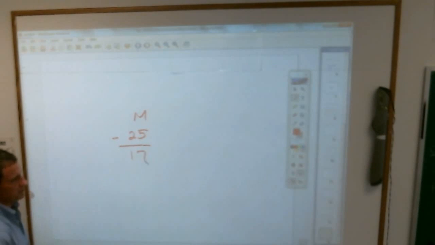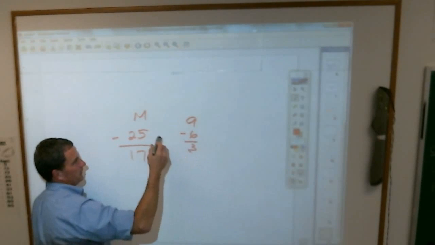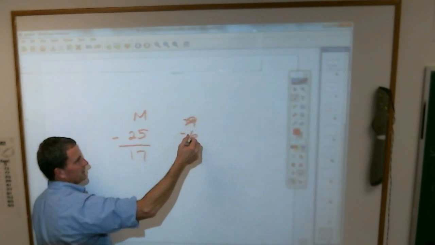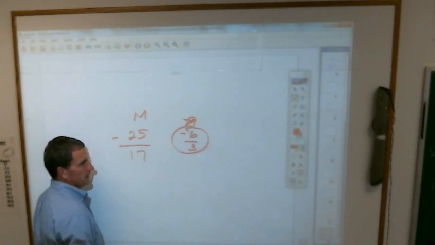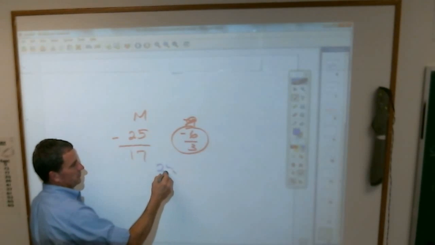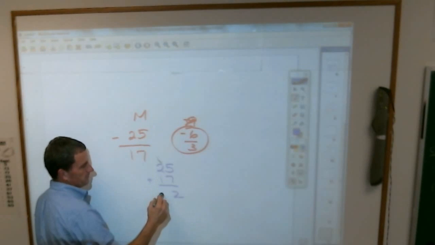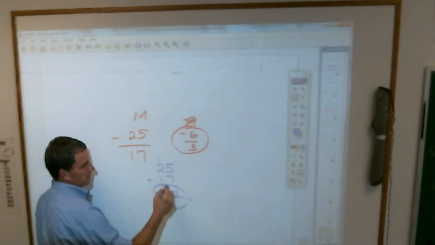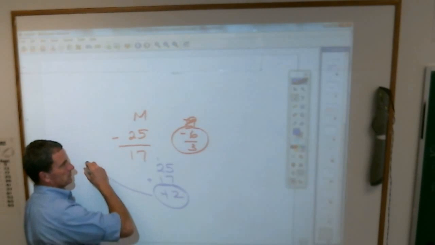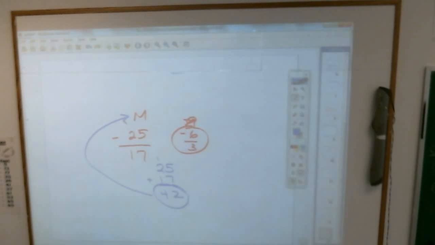First thing you're going to do is think of an easy subtraction problem. 9 minus 6 is 3. If I'm missing the 9, what do I do with these two to get 9? Add them together. So your answer to this is whatever 25 plus 17 is, which is 42. M is 42.